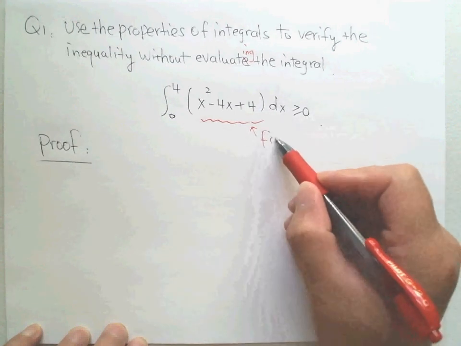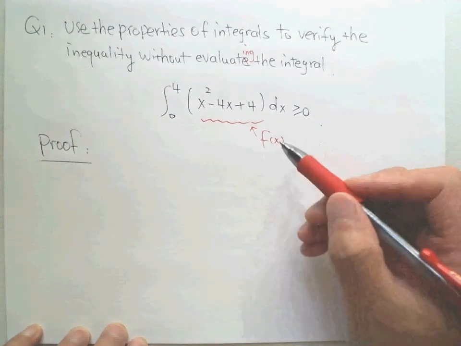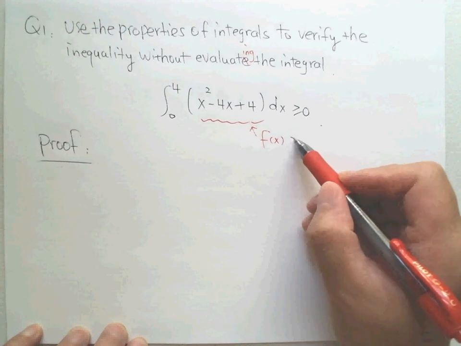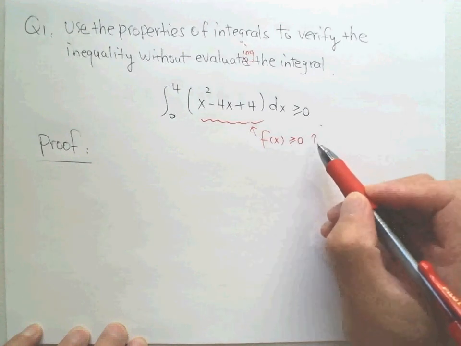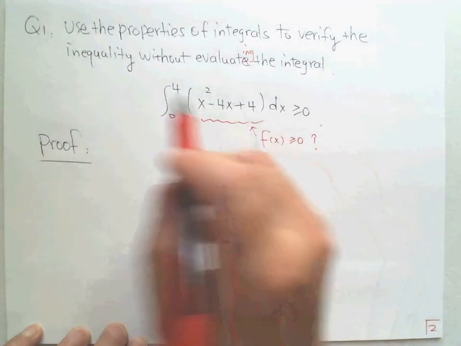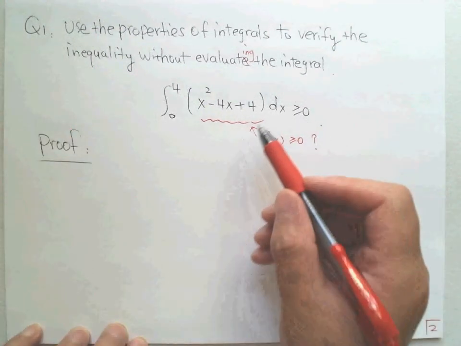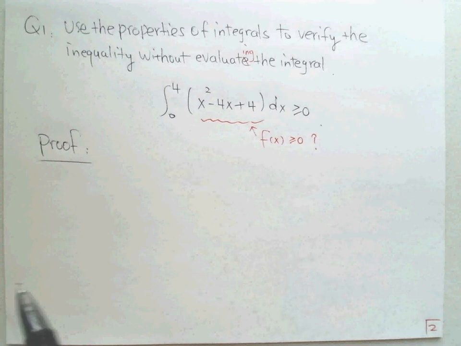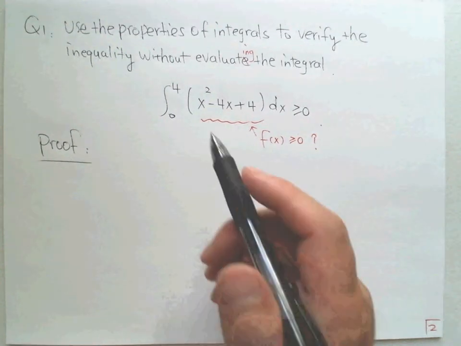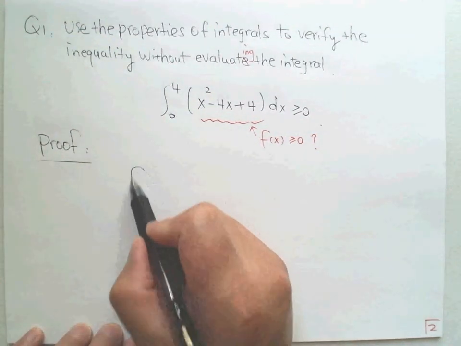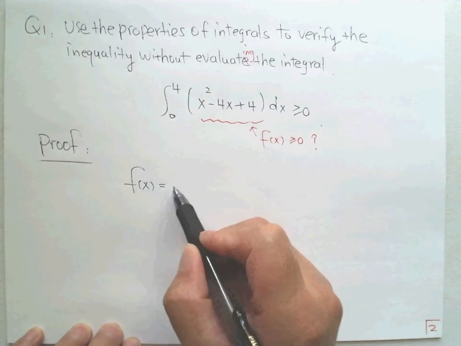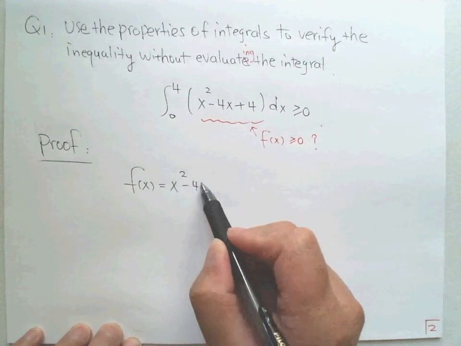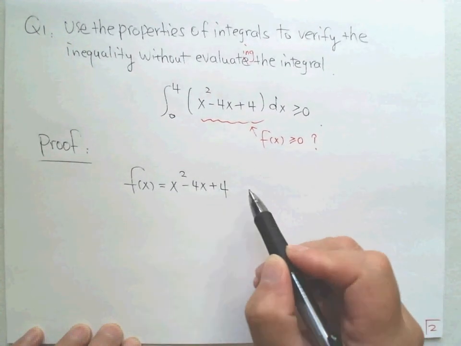So this is f(x). Now the question: is f(x) greater than or equal to 0? If this is true, then use the first property. All we need to do is this. Why? Because f(x) equals x squared minus 4x plus 4.